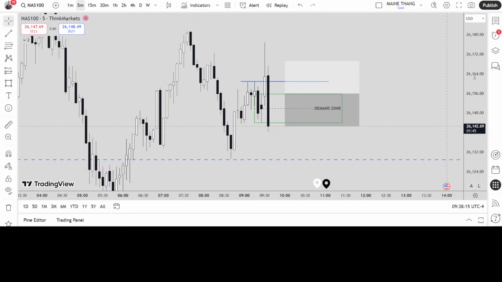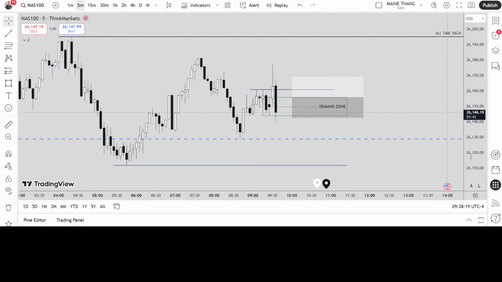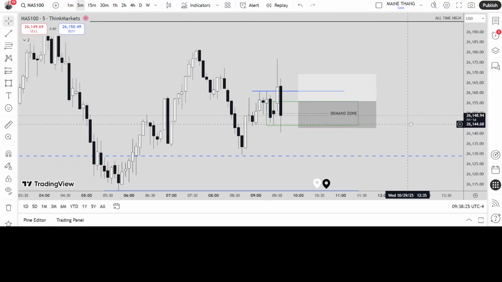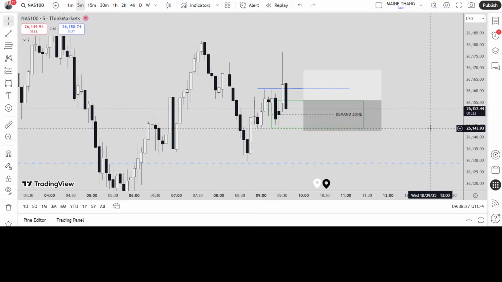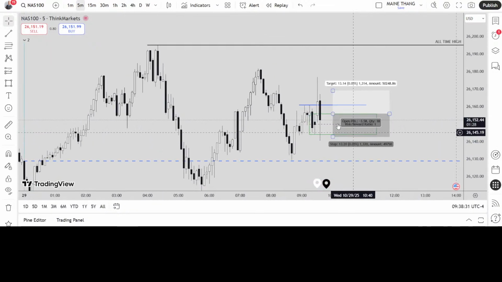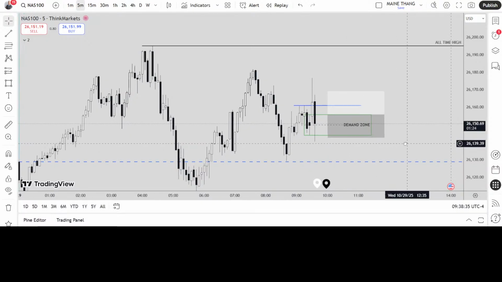I think yesterday it didn't wick out. Minute left on that candle. You see this all the time. It takes our highs, it takes our lows.